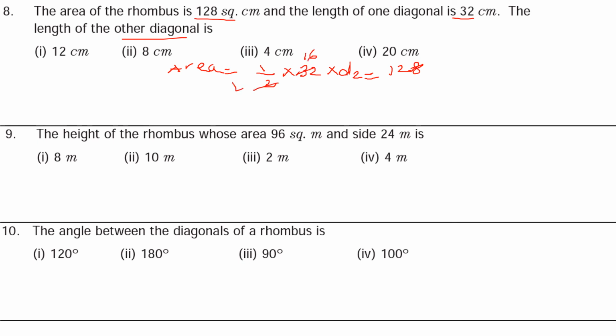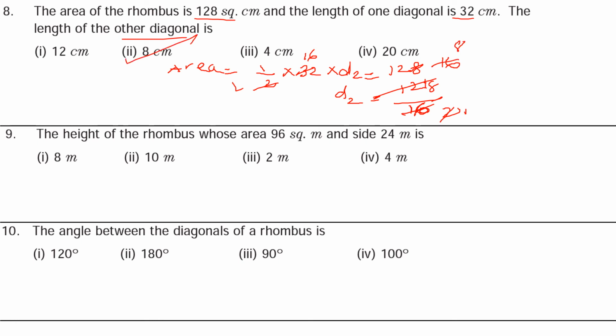Therefore D2 equal to 128 by 16. Cancel with 8 table, 2 8s are 16, 1 8 is 8, remaining 48, 6 8s are 48. Again 1 2 is 2, 8 2s are 16. Therefore answer is 8 centimeter.